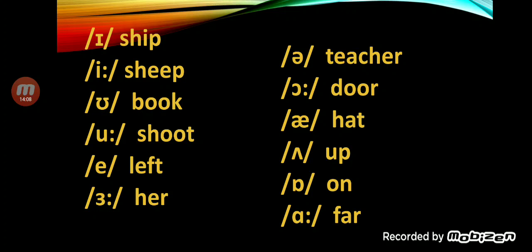Next is as in teacher. Next one is as in door. Next one is as in hat. Next one is as in up. The next one is as in on, and the last one is as in far.